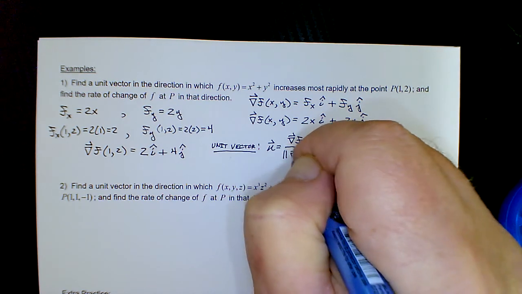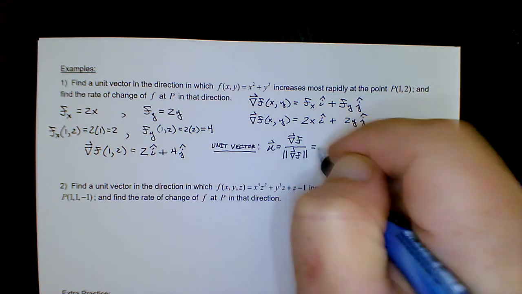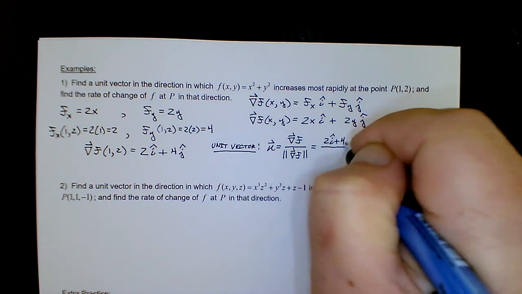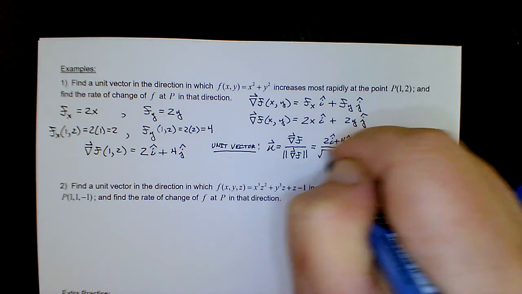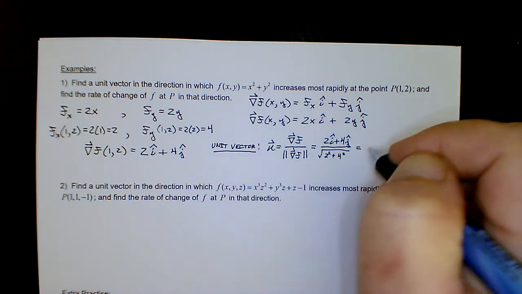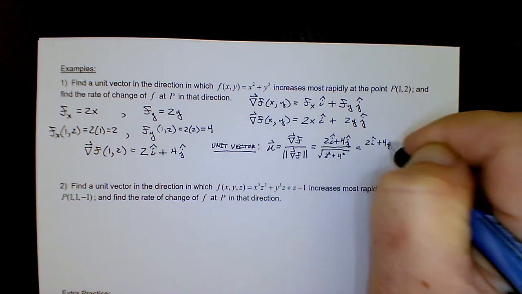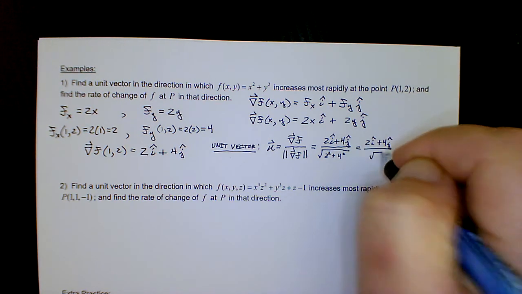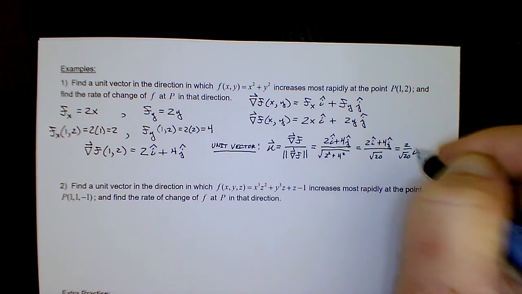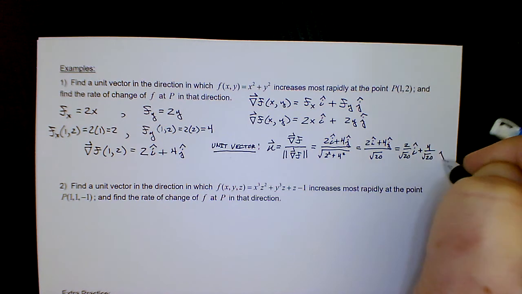So in our case, 2i plus 4j divided by its magnitude, which is the square root of the sum of the squares. So the square root of 2 squared plus 4 squared. So we have 2i plus 4j over the square root of 20. And so we get 2 over the square root of 20 times i plus 4 over square root of 20 times j. And you could simplify the radicals, make them look a lot prettier, but I'm not actually concerned about that.